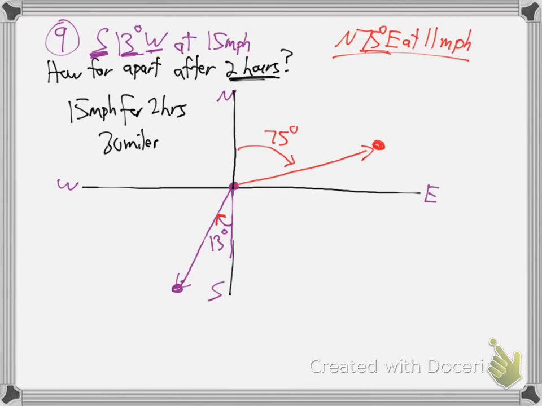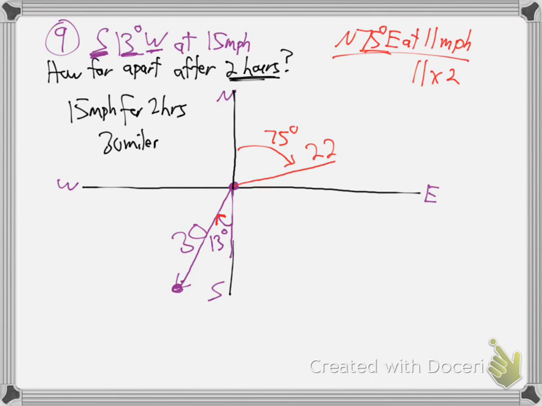So that means the purple one, the length of his trip, is 30. The length of that arrow, he got 30 miles, didn't he? How about the red arrow? How far did he get? 22. Yeah, because he went 11 miles an hour times 2 hours. He's only 22. So to make it look better, I should make the red arrow a little shorter than the purple arrow.